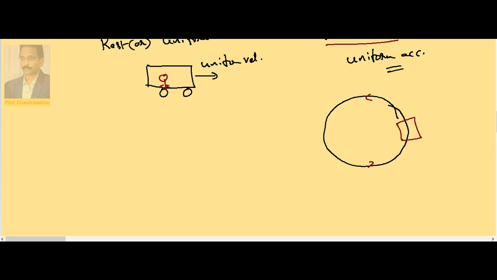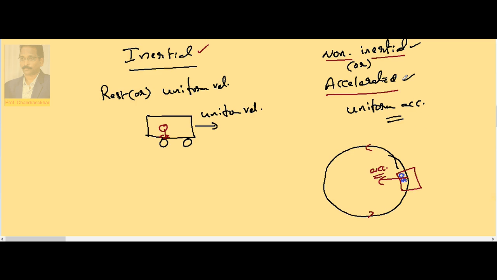A person sitting inside the bus moving along the curved path is making measurements or observing the objects. Then he is said to be in a non-inertial frame, an accelerated frame, since he always experiences a centripetal force. So he experiences an acceleration, centripetal acceleration. So the frame is said to be accelerated frame of reference. If the reference frame moves with acceleration, it is called accelerated frame of reference. Either at rest or moving with uniform velocity is called inertial frame.